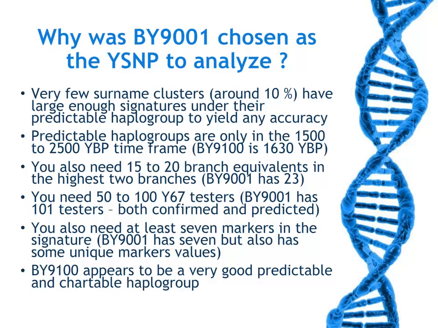BY9001 has 7, but also has some pretty unique values as well. So these steps lead me to believe that BY9001 is a good candidate for both being predictable and chartable.